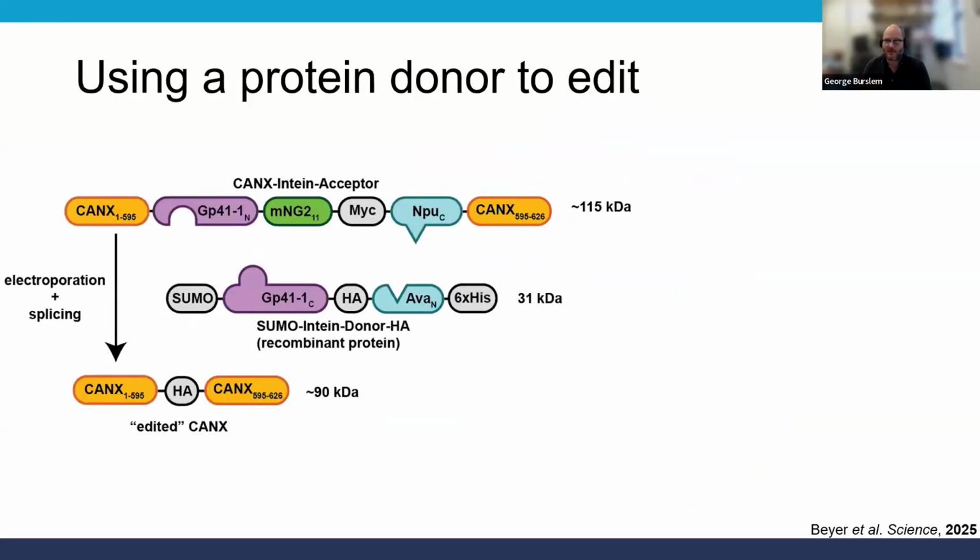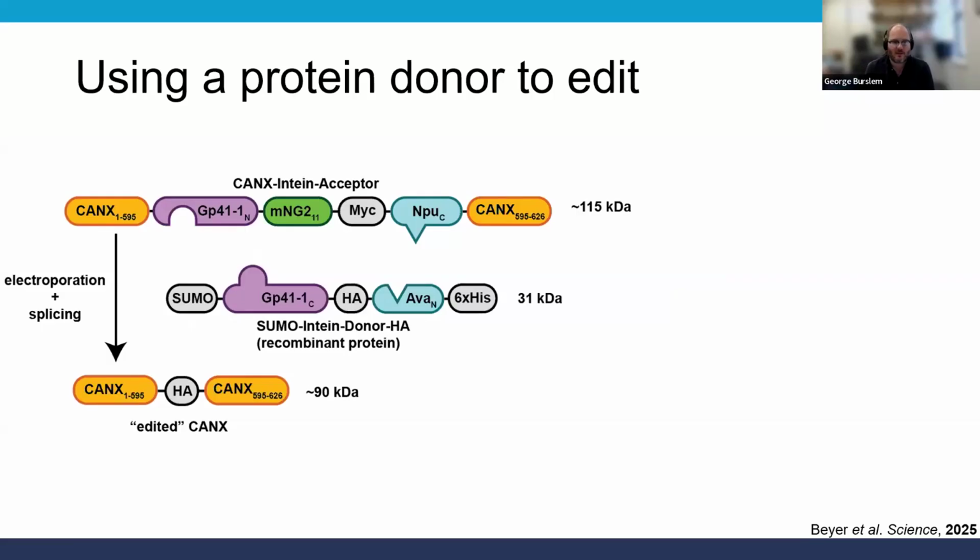So the first thing we did was try a bunch of constructs and figure out what the right intein pairs were. I'm going to skip over that and show you the first real key protein experiment. We engineered a cell line by overexpressing calnexin, which is an ER localized protein, but the cytosolic face of it contains these two split inteins.